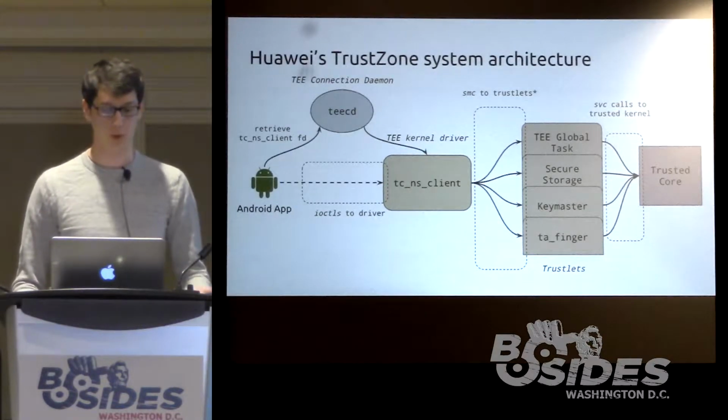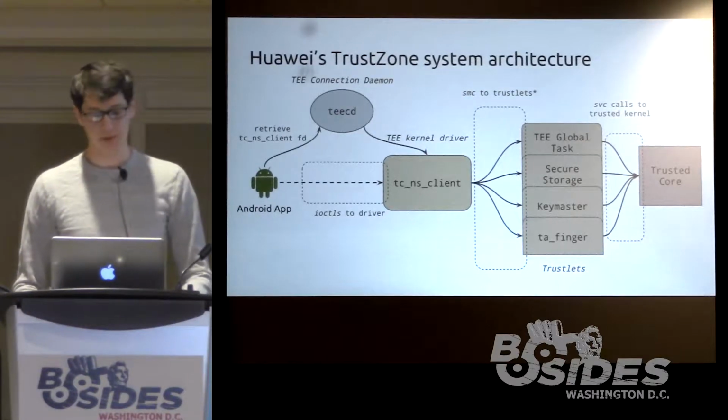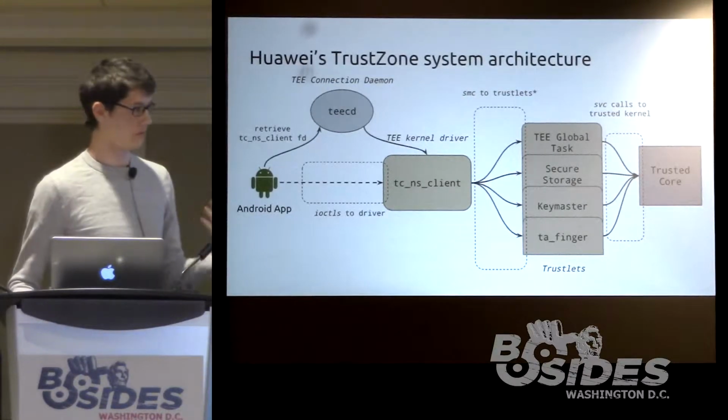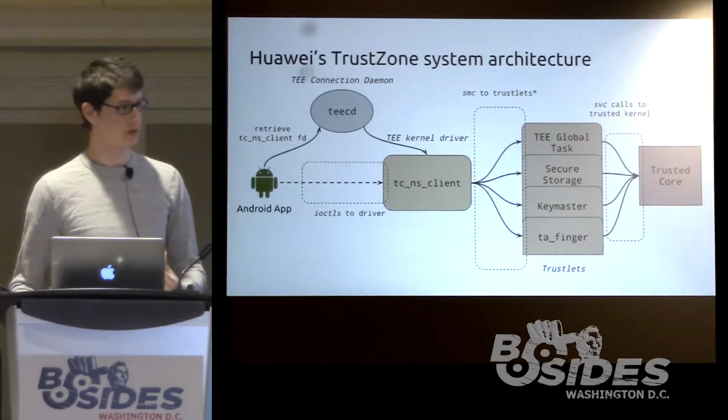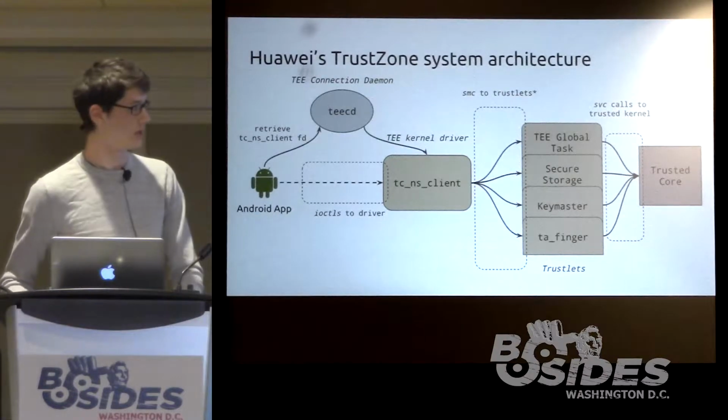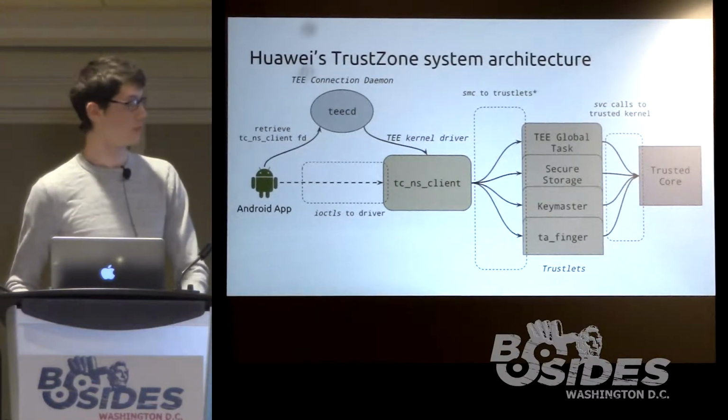So to do this, Huawei introduces their own kernel driver. And there's a number of bugs in that. But the problem with the kernel driver is also, it's not easy for the kernel driver to look up all this information about particular apps, or at least Huawei found that it wasn't easy for them to look up information about particular apps making requests. So they introduced this TC connection daemon, which will actually do the permission checking for us.